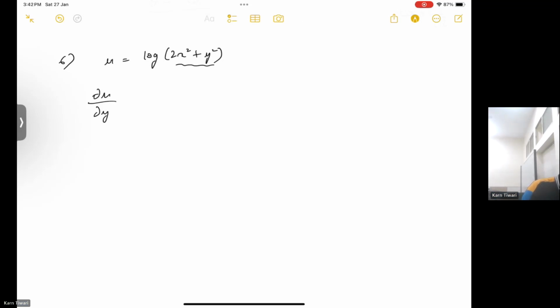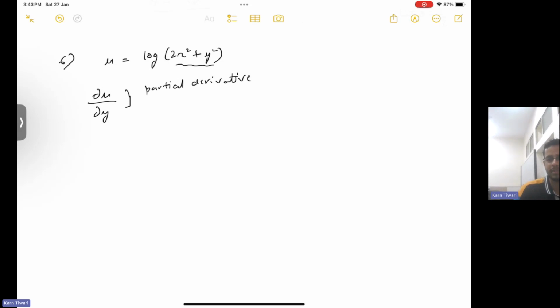The question is about finding dou u by dou y. So this is called a partial derivative. It's a concept of multivariable calculus. As I mentioned, you should know how to differentiate with multiple variables. If you know one variable, it's very easy for the second variable as well.